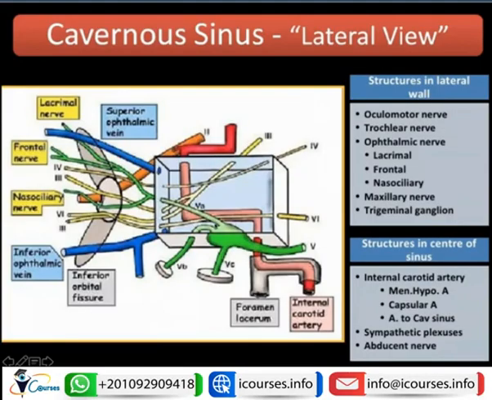And finally, the first and second divisions of the trigeminal nerve will pass below the third and the fourth, enter the cavernous sinus, and then leave it. However, the mandibular nerve, which is a division of the trigeminal nerve, does not enter the cavernous sinus.